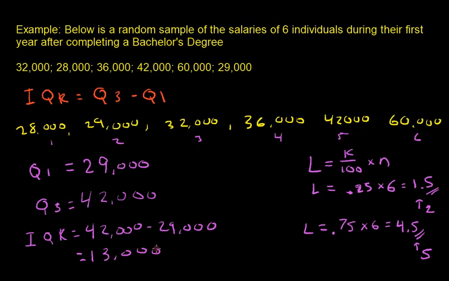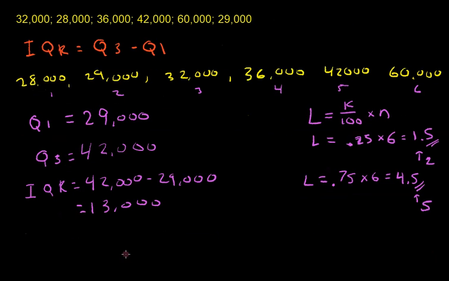All right. So this means that 50% of the salaries lie within a range of $13,000. Okay, so that's the interpretation for the interquartile range.